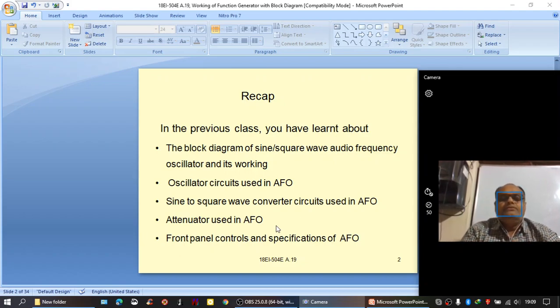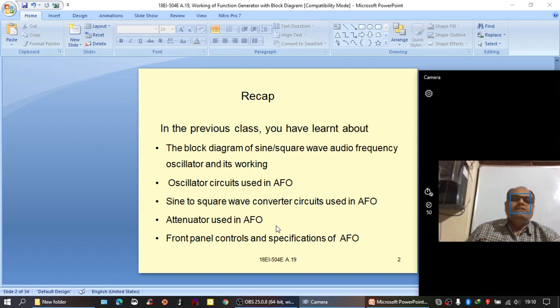Front panel of an AFO mainly consists of a provision for continuous adjustment of frequency and provision for adjustment of frequency in steps of decades. Similarly, a knob is provided for continuous variation of amplitude and for range selection in the amplitude, that is multiplied with 1 and multiplied with 10.